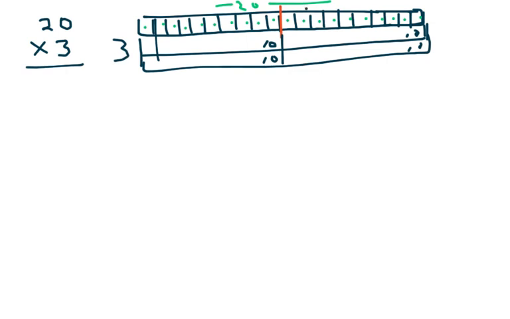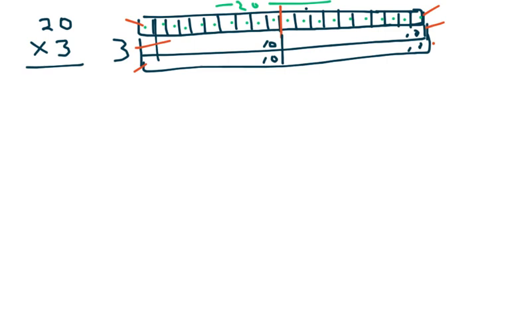Well, how much is that? 3 times 20. Well, we've modeled it over here. Here's 20 long and 3 down here. So we have, I'll count them now, by tens. This is 10, 20, 30, 40, 50, 60.